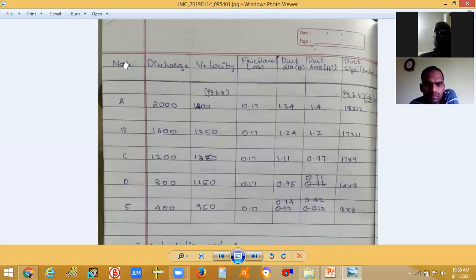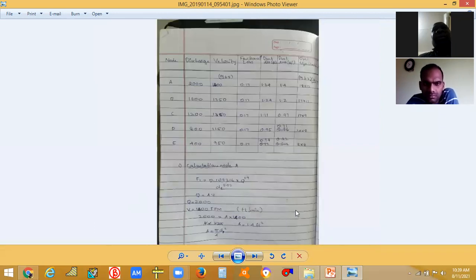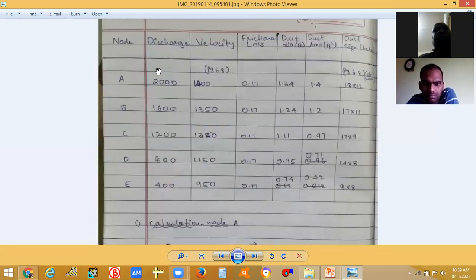You have to write: node, discharge, velocity, friction loss, duct dia in feet, duct area in feet square, duct size in inches. And you know there are nodes A, B, C, D, and E, so write that also. And you know that through node A, 2000 CFM will be going, node B 1600, then 1200, 800, and 400.